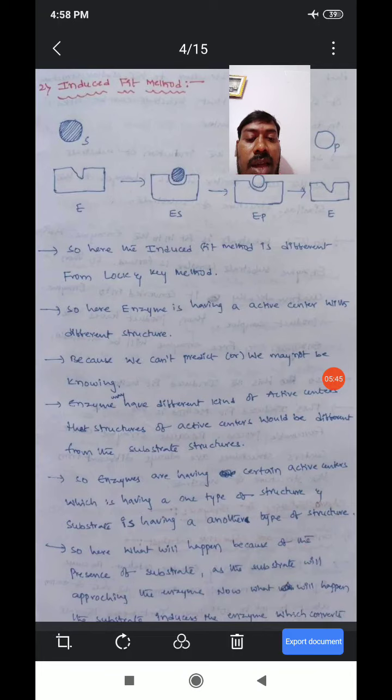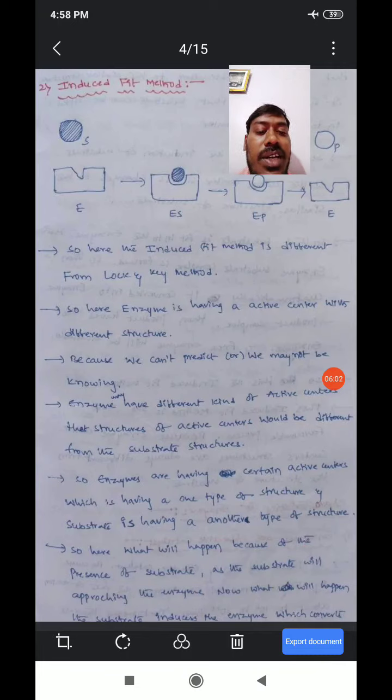So here the enzyme may have different kinds of active centers. The structures of the active centers would be different from the substrate structure.